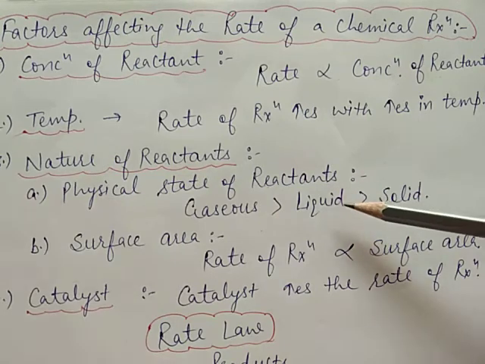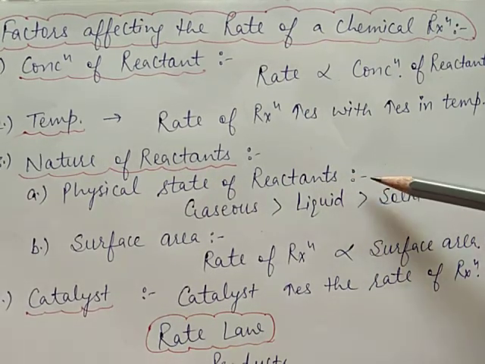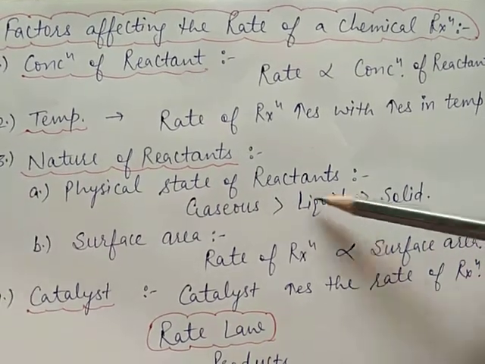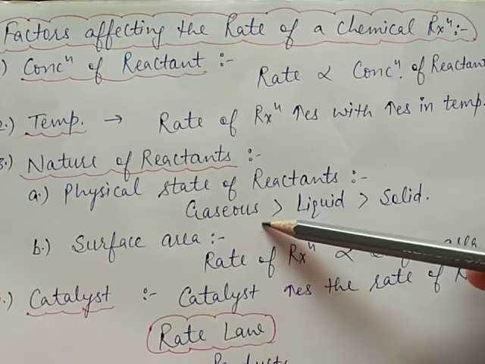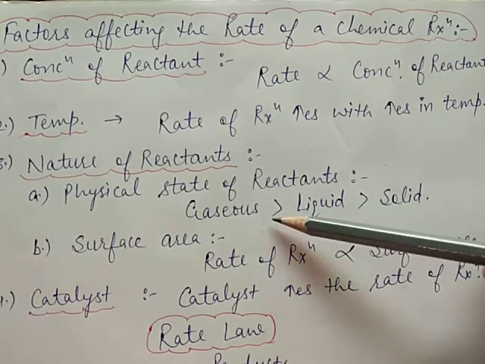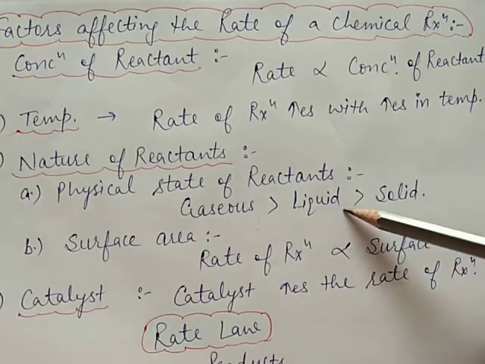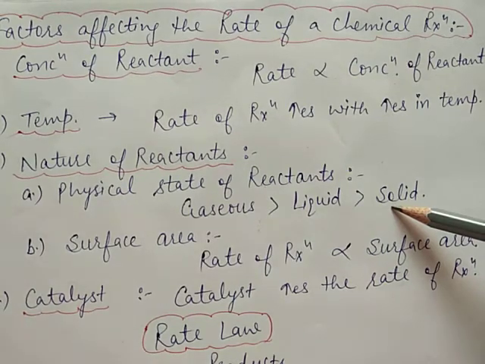But covalent molecules consume a part of energy in breaking of the covalent bond. So the gaseous state is more reactive as compared to liquid and then as compared to solid.